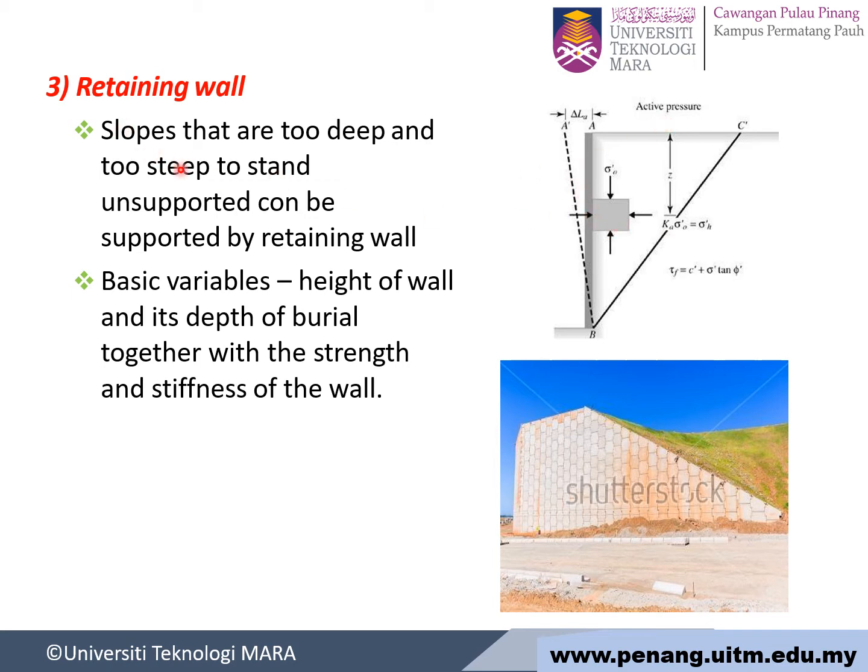Slopes that are too deep and too steep to stand unsupported can be supported by retaining walls. Basic variables are height of wall and its depth of burial, together with the strength and stiffness of the wall. For retaining wall, of course, we have the horizontal stress.